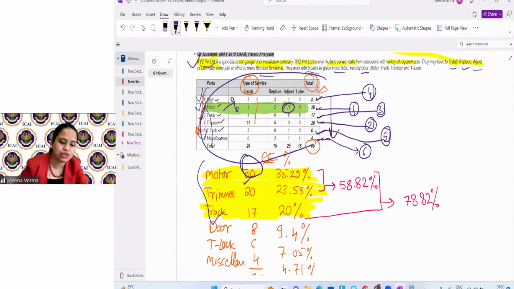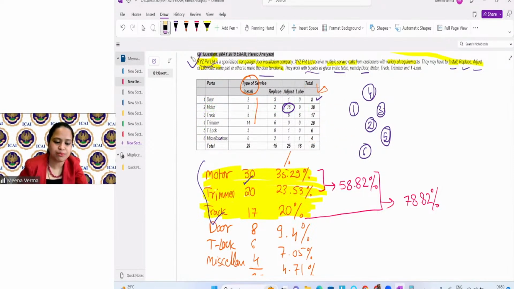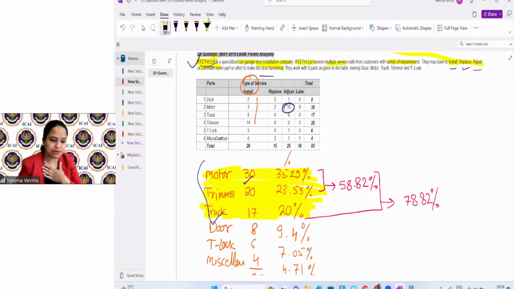If you ask me which one is the most important part and service of the company, I will say motor is the most important part, and out of all the services provided for the motor, adjustment of the motor is the most important service.